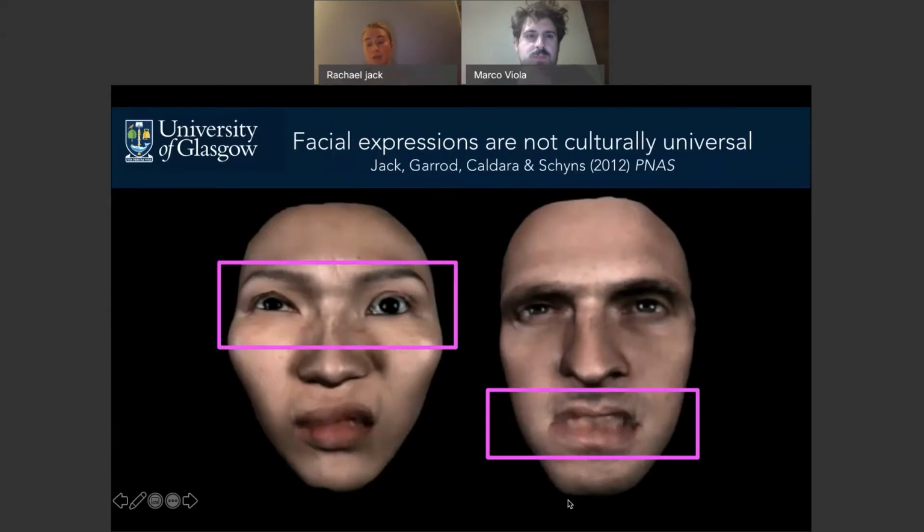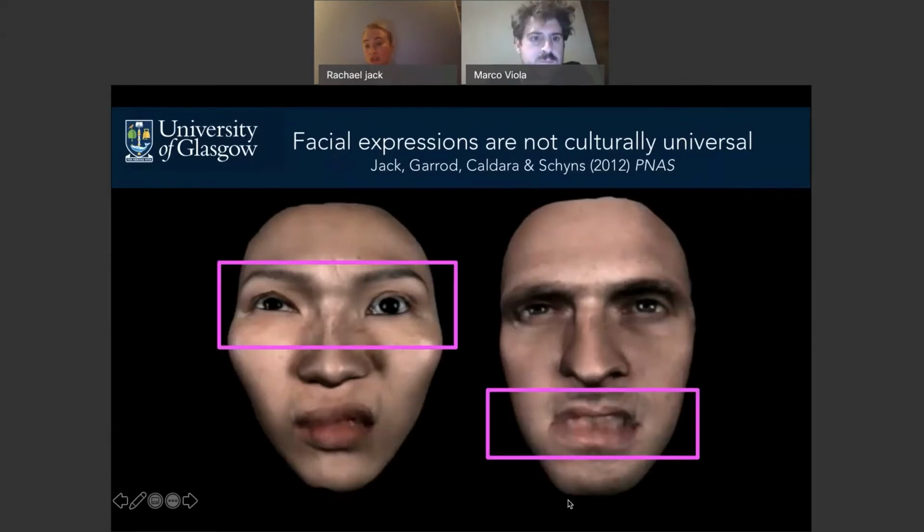So, for example, between disgust and anger, the eyes would express in different ways. Sometimes the eyes would be squeezed, the other times the eyes would be wide open. So there's a lot more variance in the eyes with the East Asian models. Now, with the Western models, we found this expressive variance more in the mouth region.